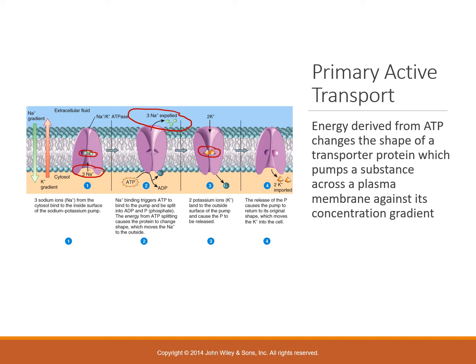Then once it is dephosphorylated, potassium is released onto the other side. As a result, this pump maintains an electrochemical gradient that's really important for excitable cells like muscle and nerve cells to function normally, and it's also really important for body cells to maintain their normal fluid volume. We'll talk about the excitable cells a little bit later as well.